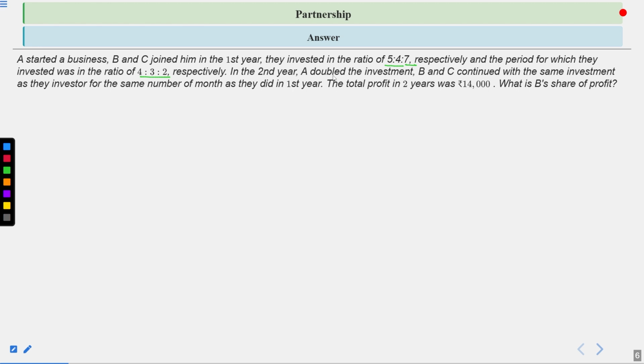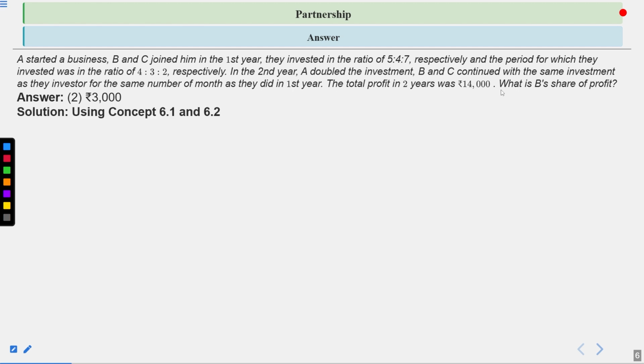The second condition says that A doubled the investment and B, C continued with the same investment for the same months, or the same ratio of time. So we need to calculate, if total profit is 14,000, what is the profit share of B? The correct answer of this question is the second one, which is 3,000 rupees.